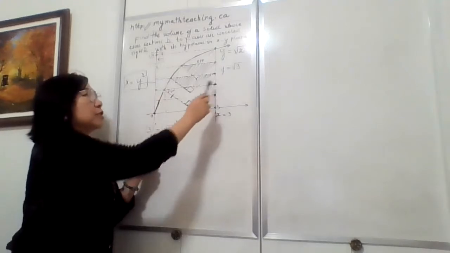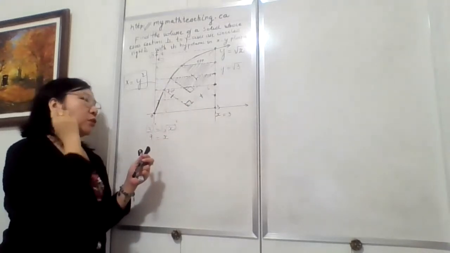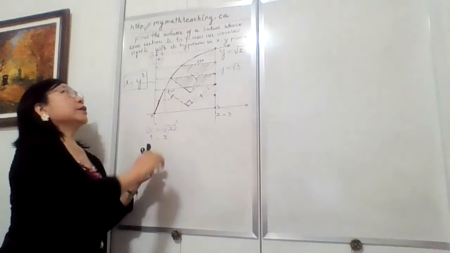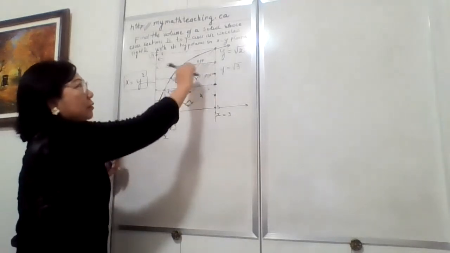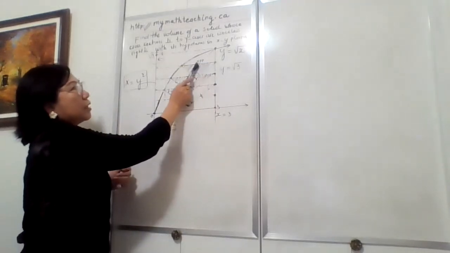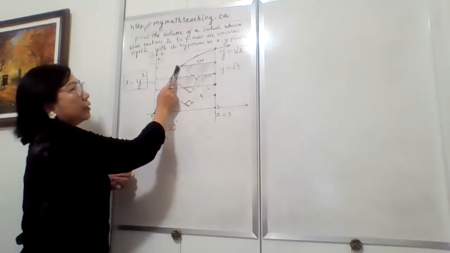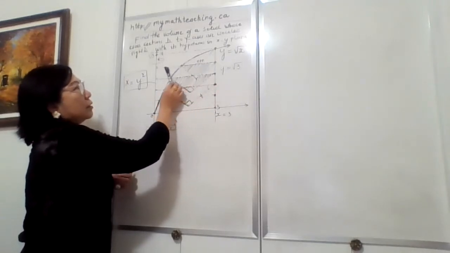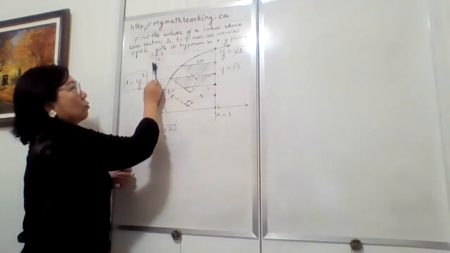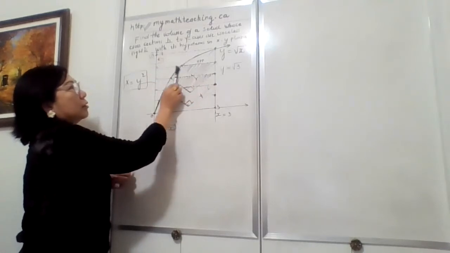So the side equals the side. I draw this diagram to demonstrate that this is the hypotenuse of the right triangle, and this hypotenuse is perpendicular to the y-axis, right?